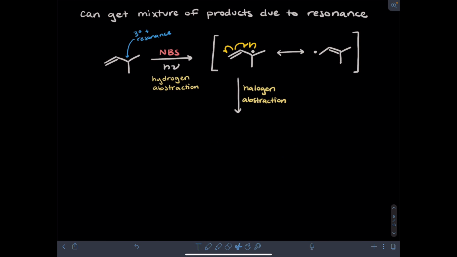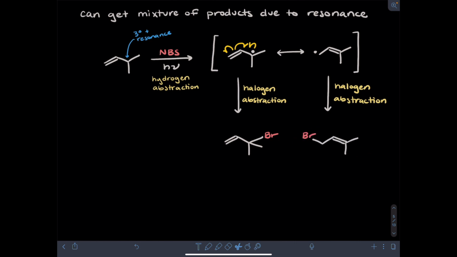Let's imagine the tertiary radical form undergoing the halogen abstraction, which adds a bromine to the position with the radical present. This would give us a tertiary alkyl halide product. But we also need to think about what if the primary radical resonance contributor underwent the halogen abstraction.